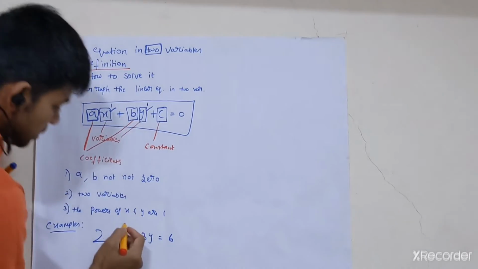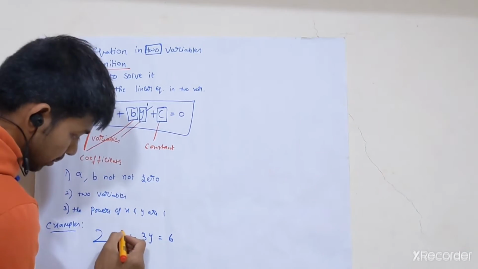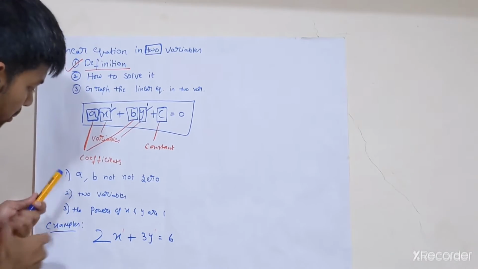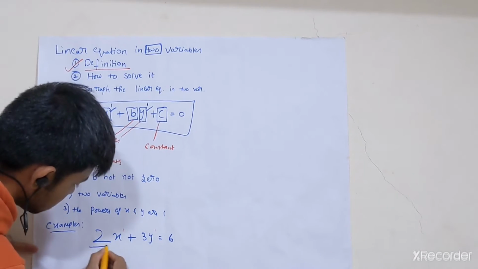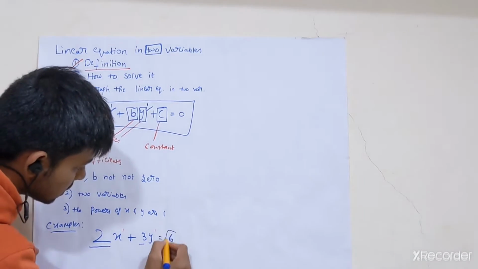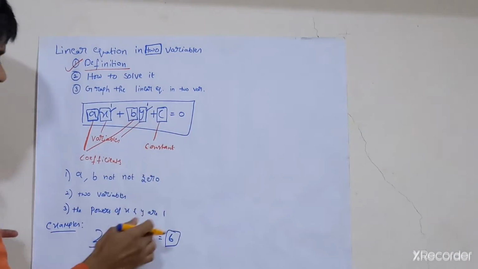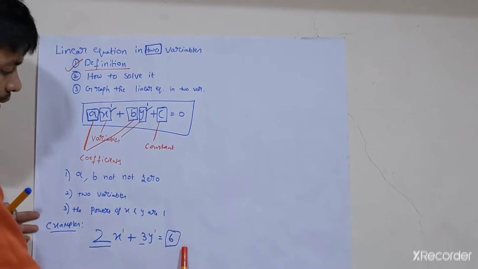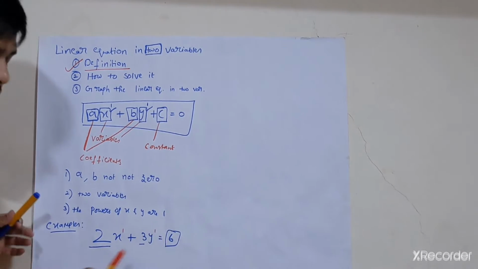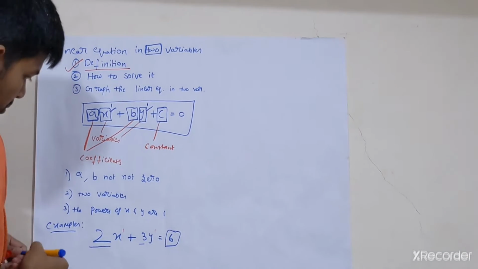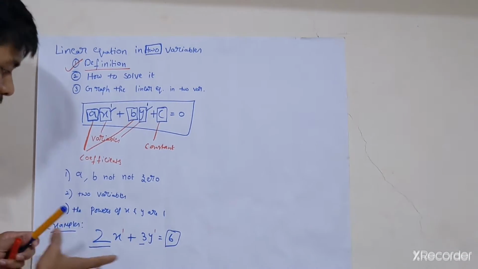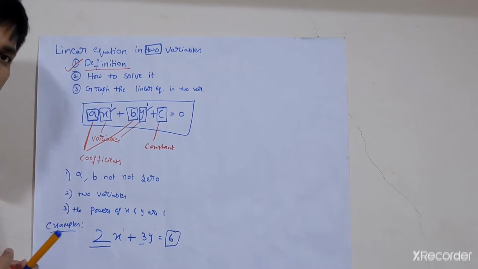Here the power of x is 1, the power of y is 1, the coefficients are the real numbers 2 and 3, and there is a constant c on the right-hand side. This is an equation because there is an LHS, an RHS, and an equality symbol. If you want to solve the linear equation in two variables, first we need to consider some values of x or y.